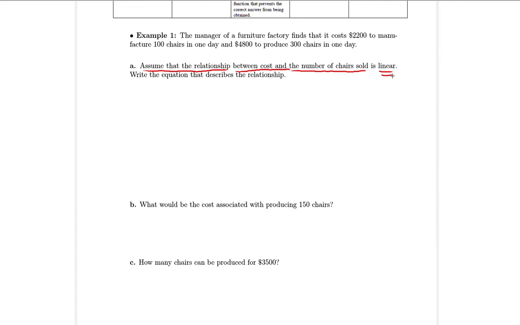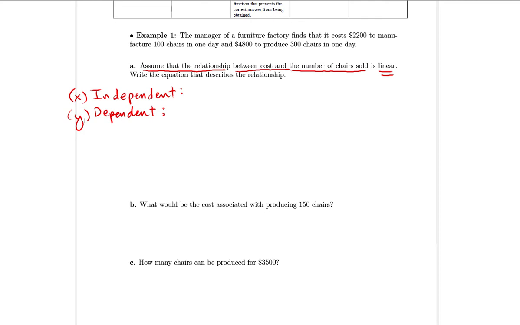And then it should go up steadily for each additional chair you have, and so that would indicate a linear relationship. So before we just dive right into working with formulas and things, we do need to talk about the idea that we have an independent and a dependent variable. Independent is going to be our x, dependent is going to be our y. When you're thinking about what's the independent and what's the dependent, usually what you want to do is think of which one might depend upon the other.